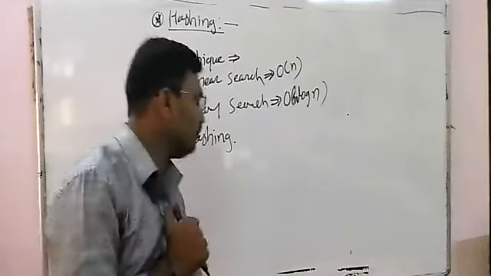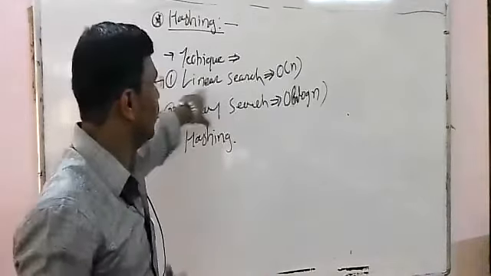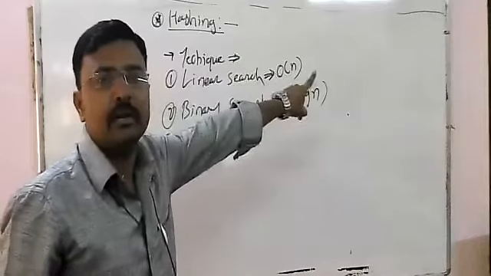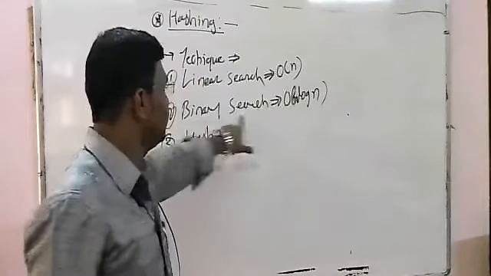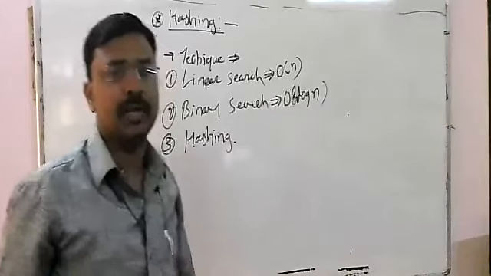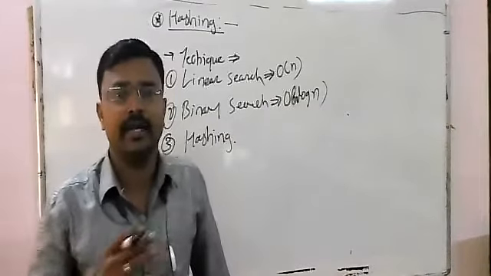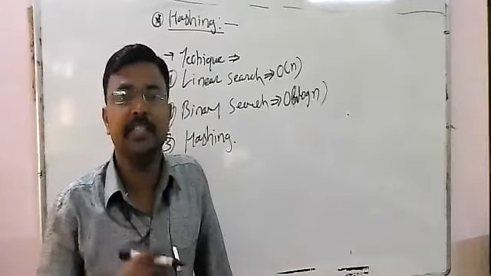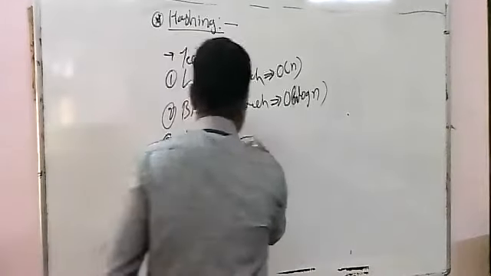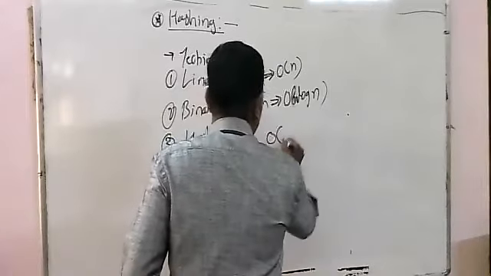Now, as compared to linear search, which has the worst complexity of O of n, and binary search, which has the worst complexity of O of n log n, whenever you are using hashing, you have a complexity of O of 1.